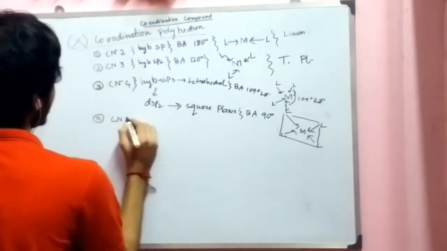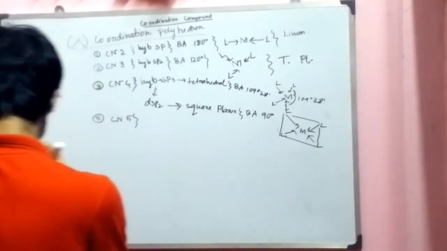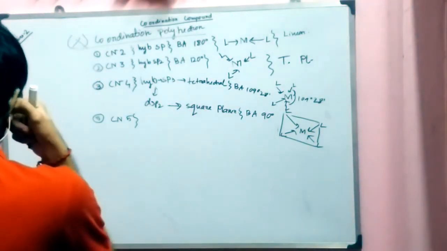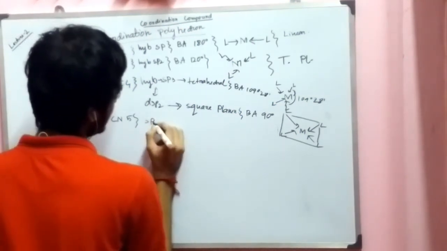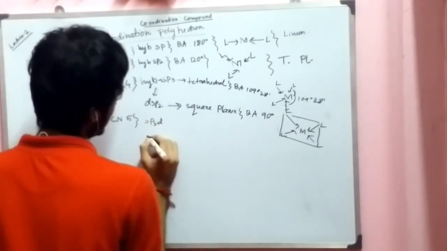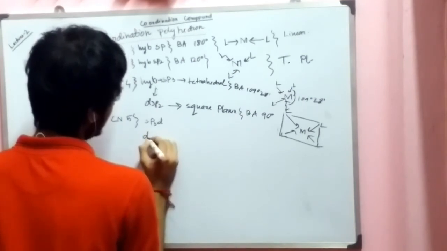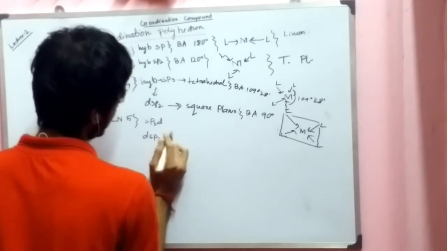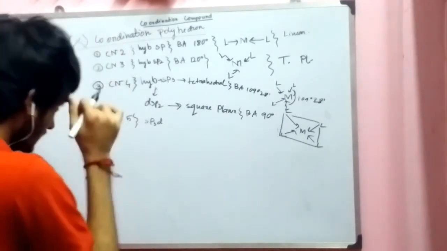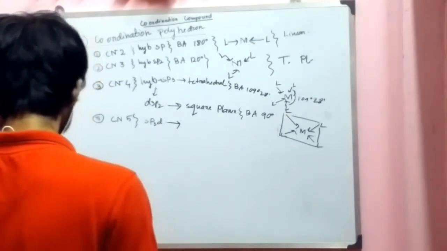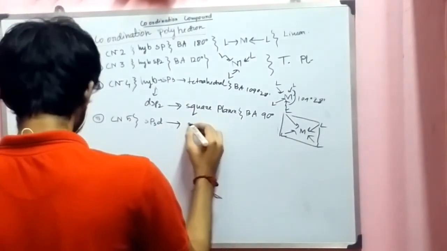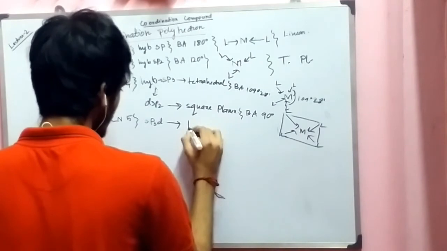And the fifth point here is, if the coordination number is 5, two types of possibilities are there. One is sp3d and one is dsp3. sp3d is TBP.